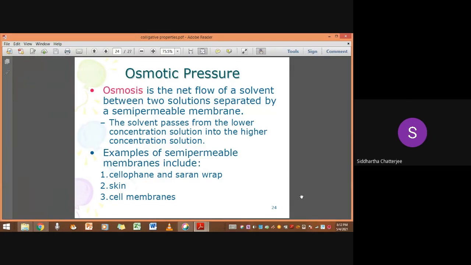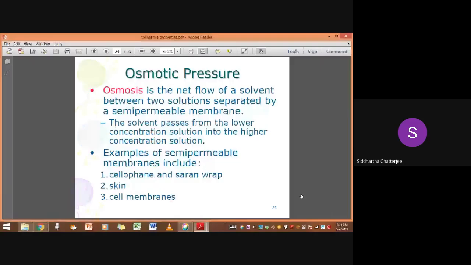You will find that there will be a flow of solvent, a flow of liquid from low concentration to high concentration, the net flow of a solvent.